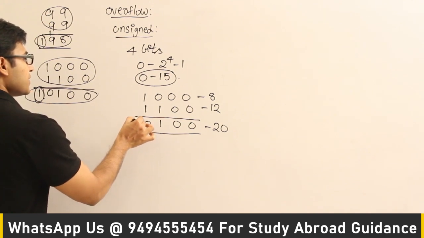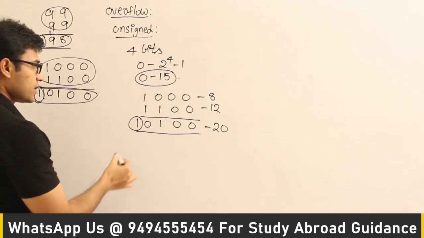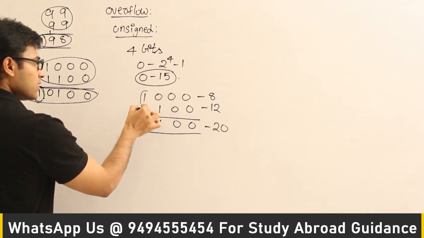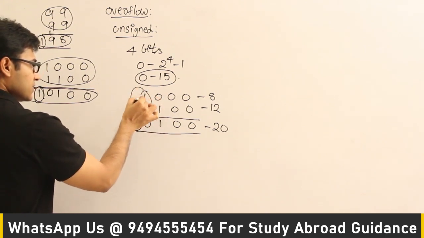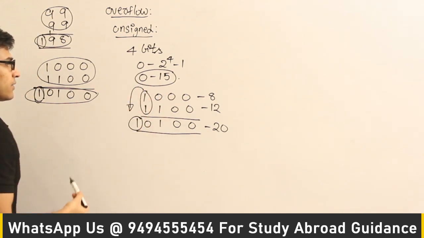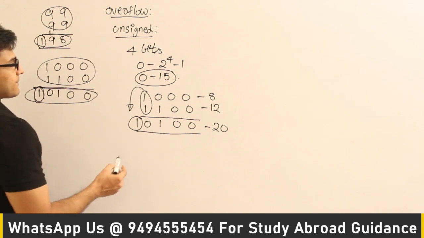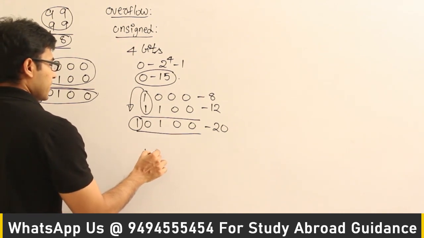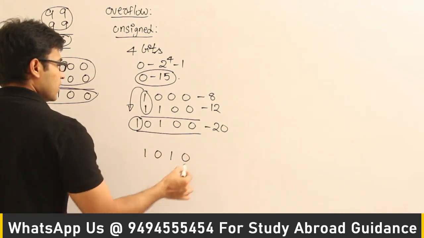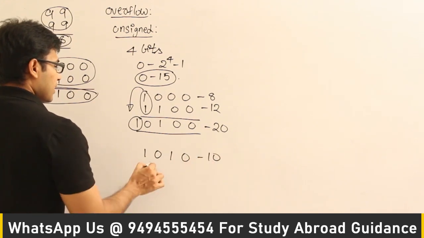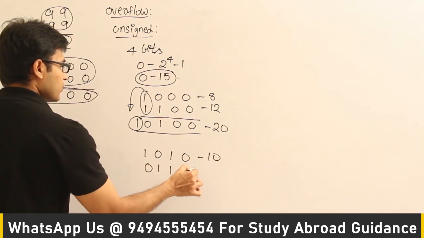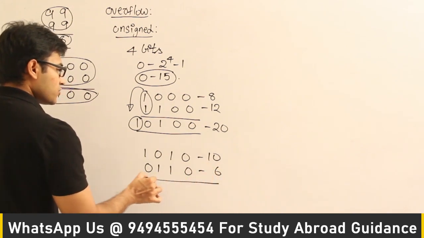Therefore, in case of an unsigned number, whenever you get a carry out of the most significant bit, this case indicates overflow. But this is not true in case of signed numbers. Before going to signed numbers, we shall see one more example. Let us say I am going to add 1 0 1 0, which is 10, and 0 1 1 0, which is 6. What should be the result?